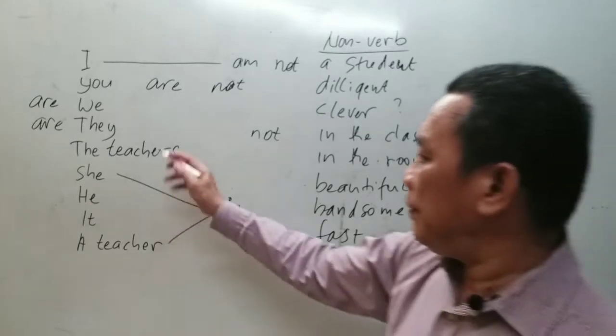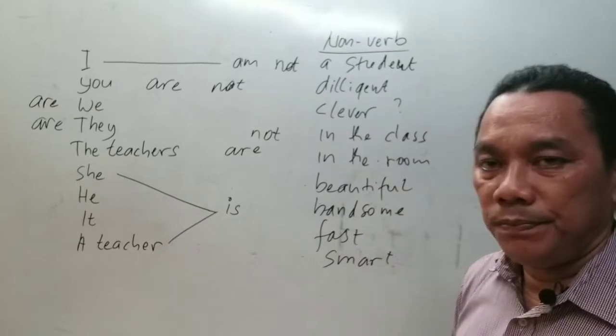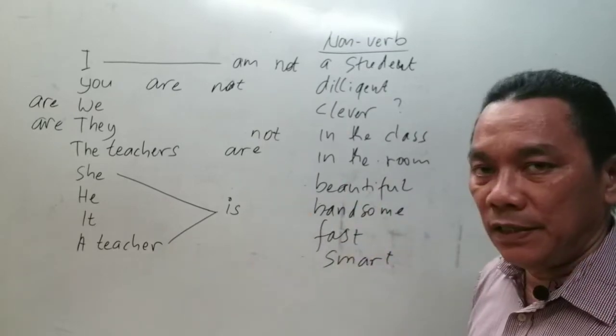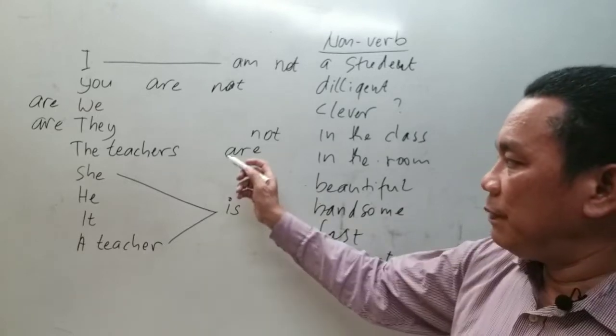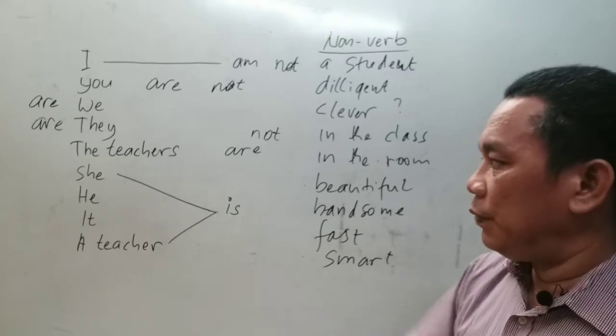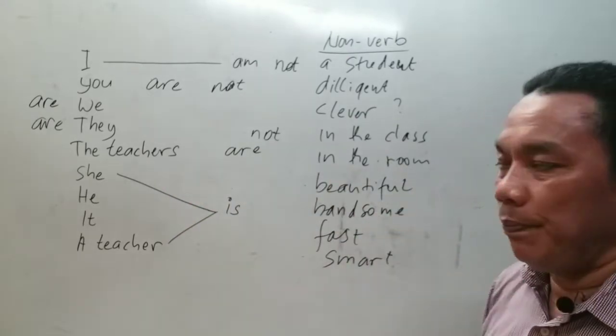Next, the teachers are in the room. How do you change this into a negative sentence? We just put the word not directly after to be. It will be, the teachers are not in the room.